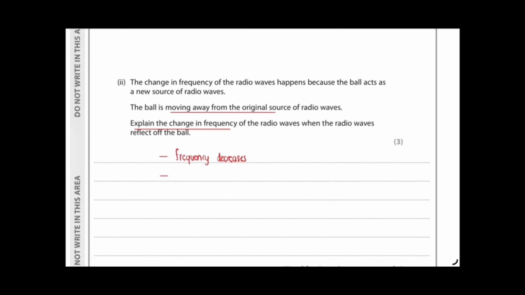And then wavelength increases. And the last one is that speed stays the same.